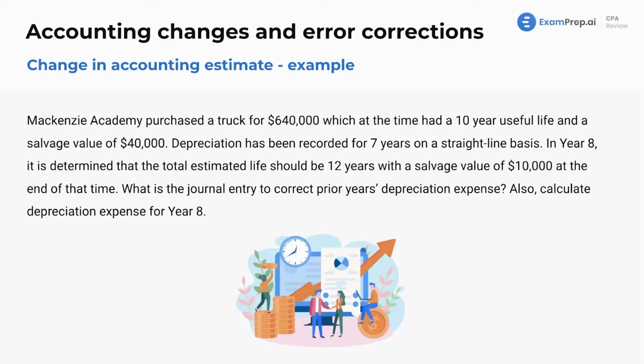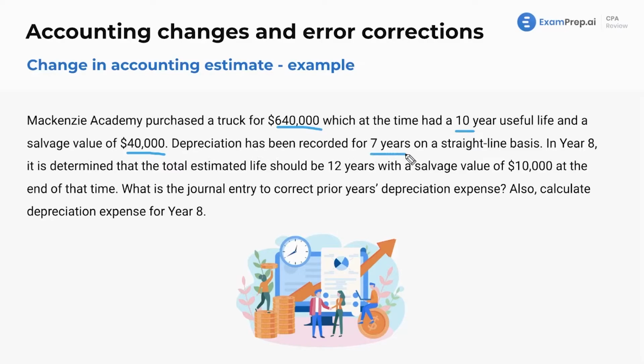Here's an example for a change in accounting estimate. Let's read through. I'm going to highlight what was the original information, and then let's see what's the new information. Mackenzie Academy purchased a truck for $640,000, which at the time had a 10-year useful life and a salvage value of $40,000. So that's all the original information. Depreciation has been recorded for 7 years already.